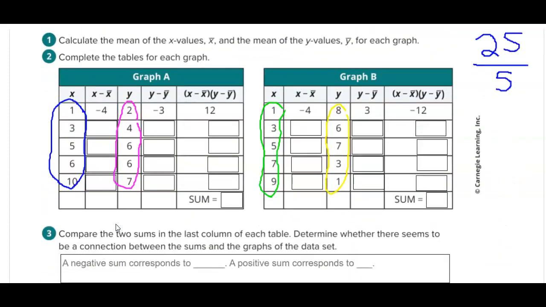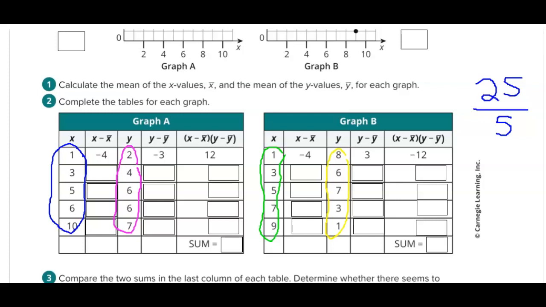And now you're going to come down and do that same kind of calculation for the pink set, the green set, and the yellow set. So first, you're going to sum or total the numbers. So find out the sum of the numbers, and that's by adding.